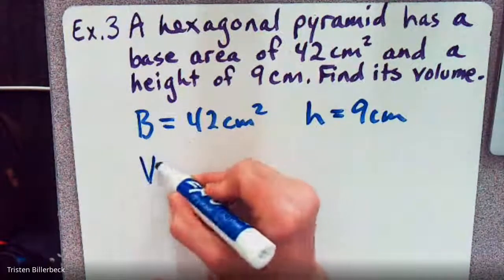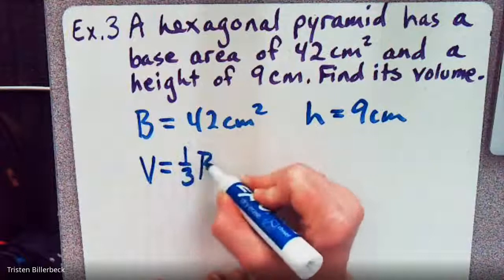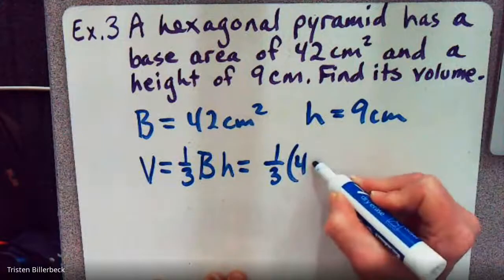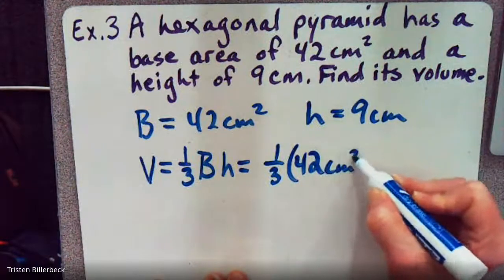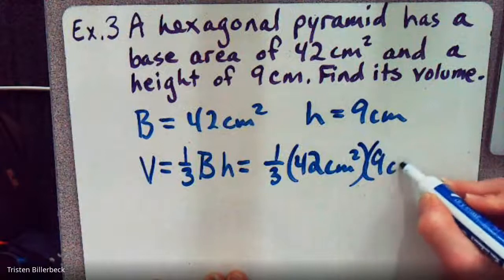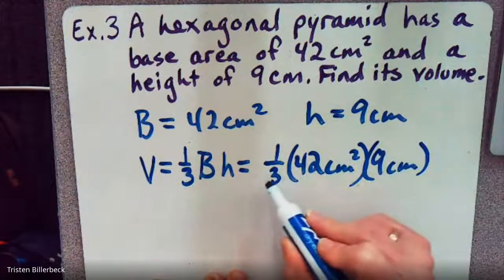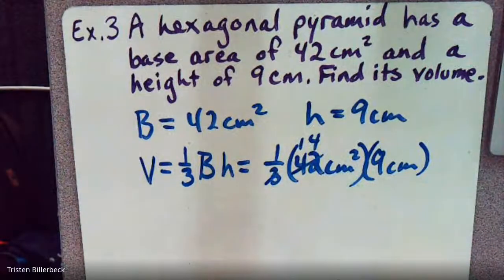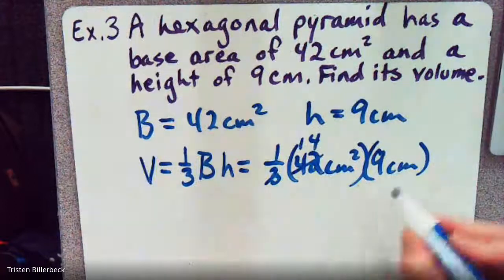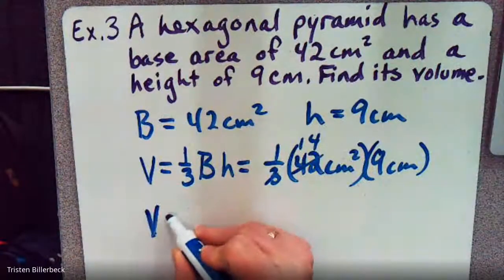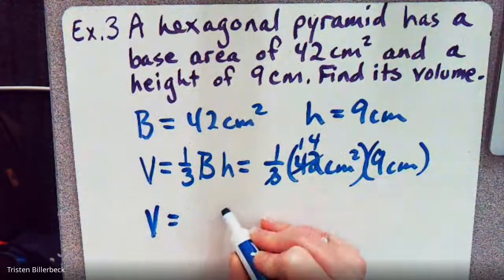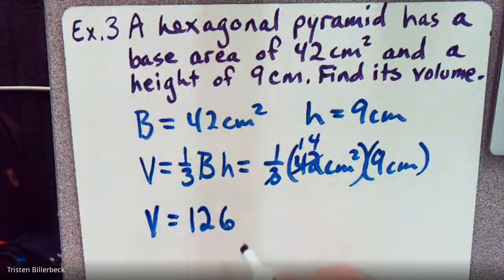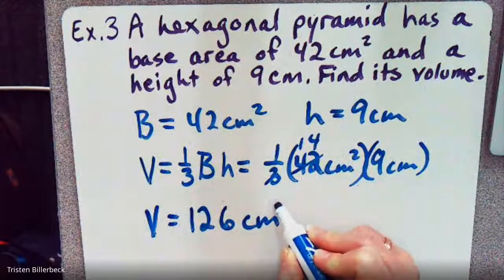The volume of a pyramid is 1/3 base area times height, so 1/3 times 42 centimeters squared times 9 centimeters. 1/3 of 42 is 14, and 14 times 9 is 126 centimeters cubed.